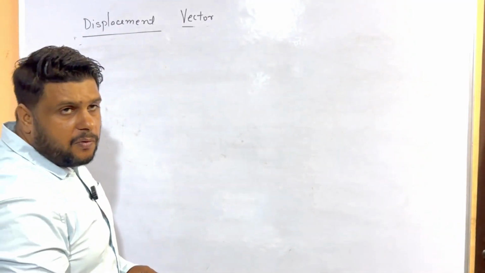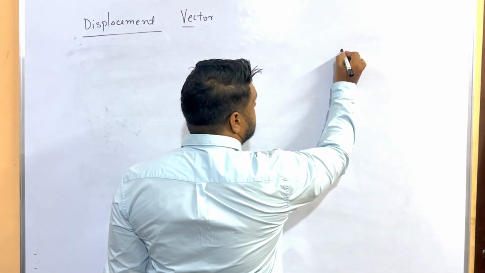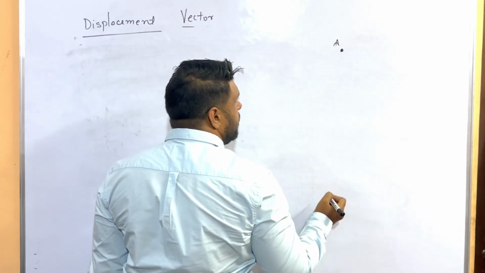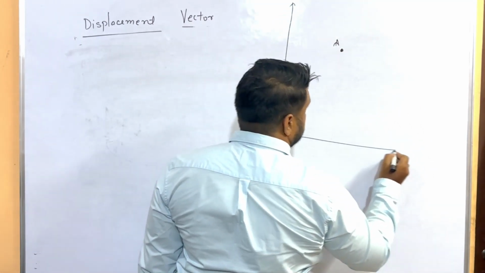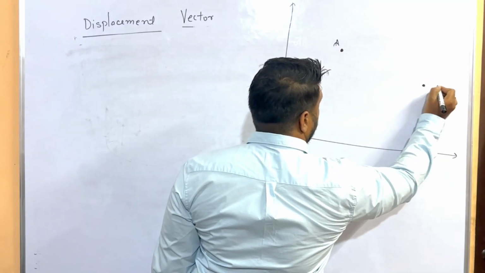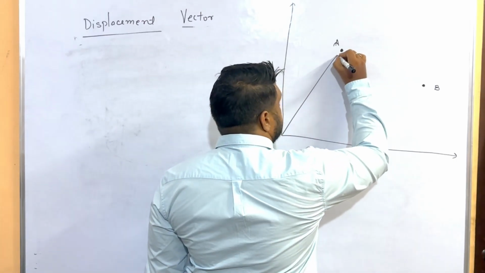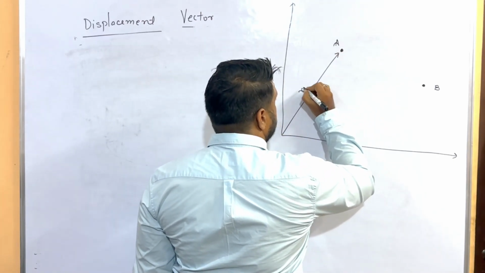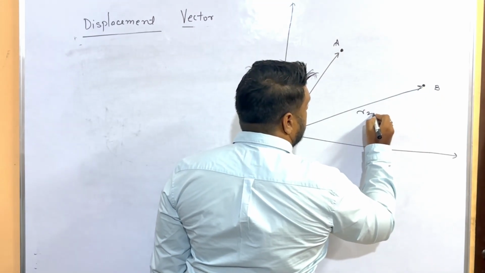Let's say we have a particle present here at position A, and we have an origin like this, and we have another particle present at point B. This is its position vector r1, and the other position vector is r2.